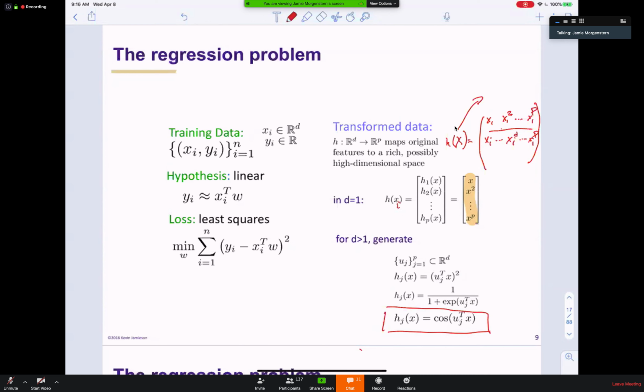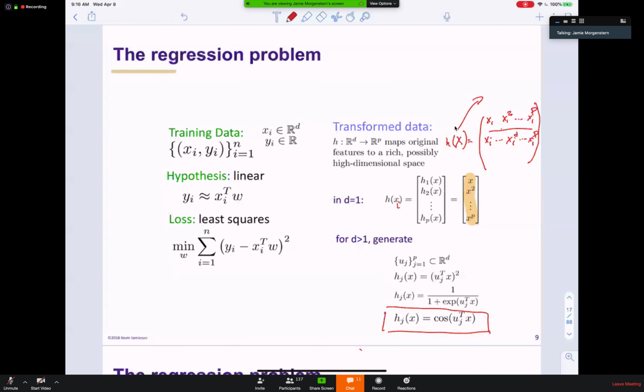Yeah, so we could certainly think of an h that does that, right? So we could say that h1 of x is equal to x1, if the first dimension was square feet, and h2 of x is equal to x2 squared, right?